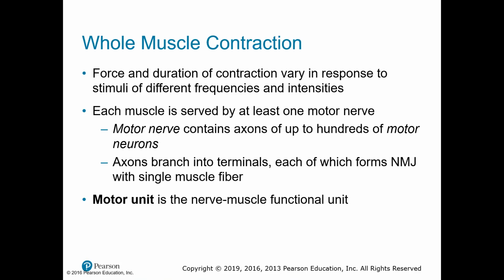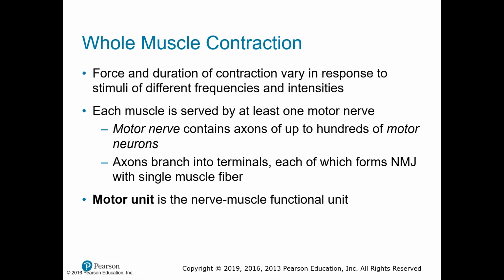Again, there's no such thing as a weak action potential or a strong action potential. Once a muscle cell gets an action potential, it's going to contract to its fullest extent every time. So every muscle cell, when it's stimulated, contracts to its fullest extent.